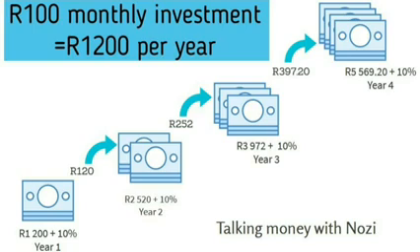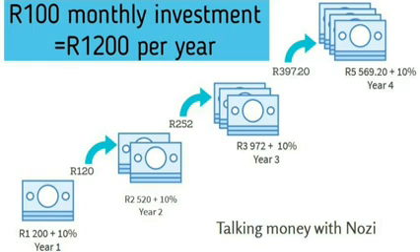Again, you earn 10% of this balance, which is 397 Rand and 20 cents. So 397 Rand and 20 cents plus 3,972 Rand gives you 4,369 Rand and 20 cents.